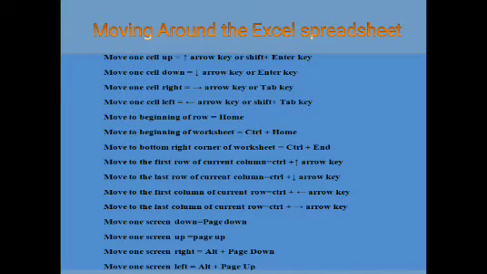Same like that, if you want to go to the down cell, you can use the down arrow key or Enter key. If you want to go to the right cell, you can use the right arrow key or Tab key. Clear? If you want to move one cell left, then left arrow key or Shift plus Tab. You can use the arrow keys or these other keys, according to your wish.